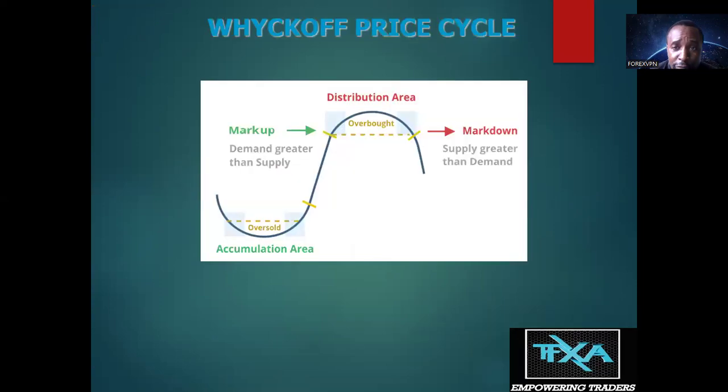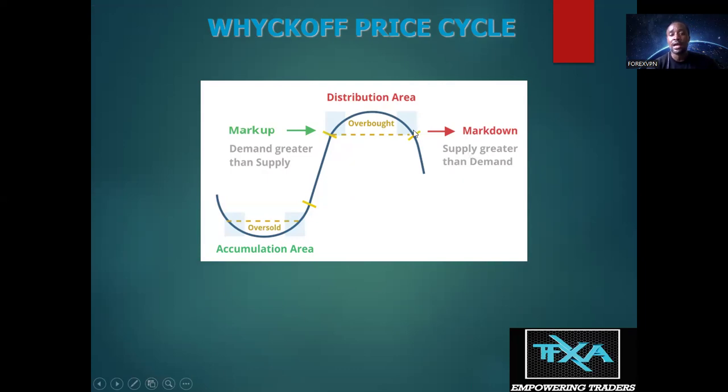You can see the Wyckoff price cycle here, starting from the accumulation area, an area of oversold level, and then pumping up to a markup area where you have demand greater than supply zones, and then it could move upward to an overbought area where you have supply greater than demand.